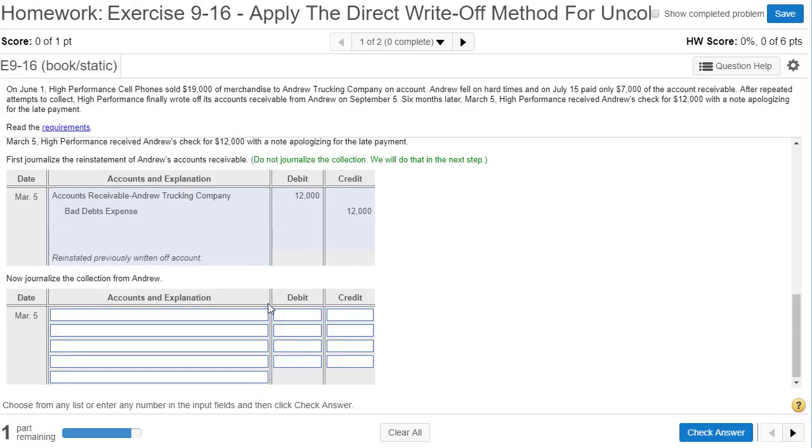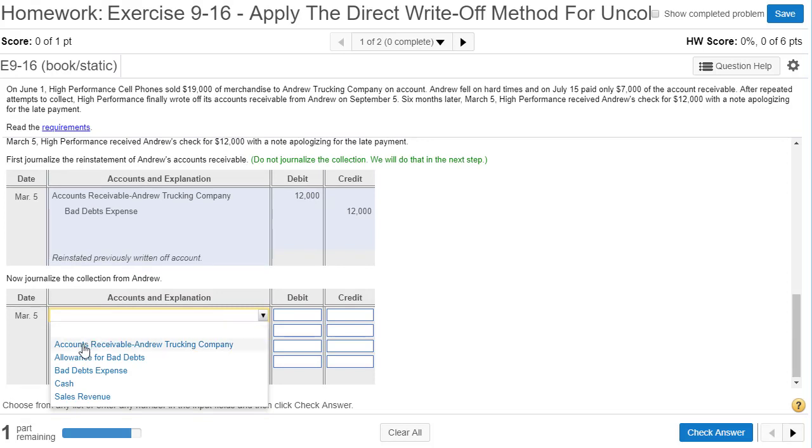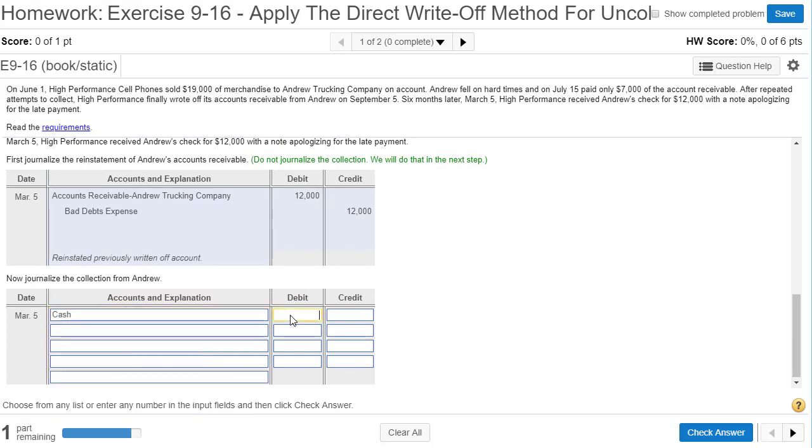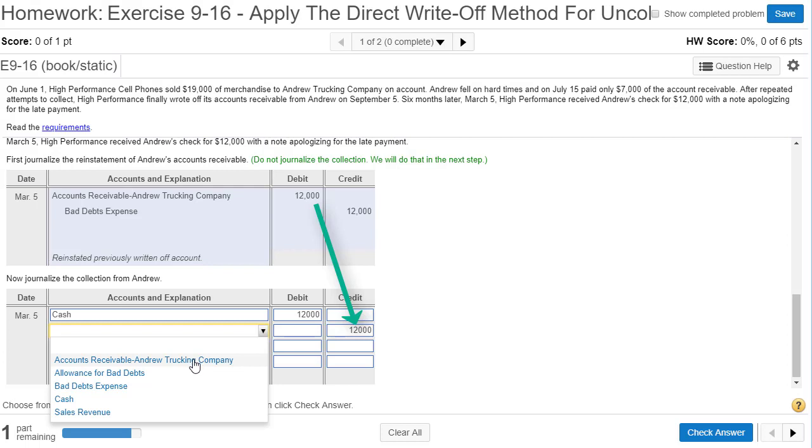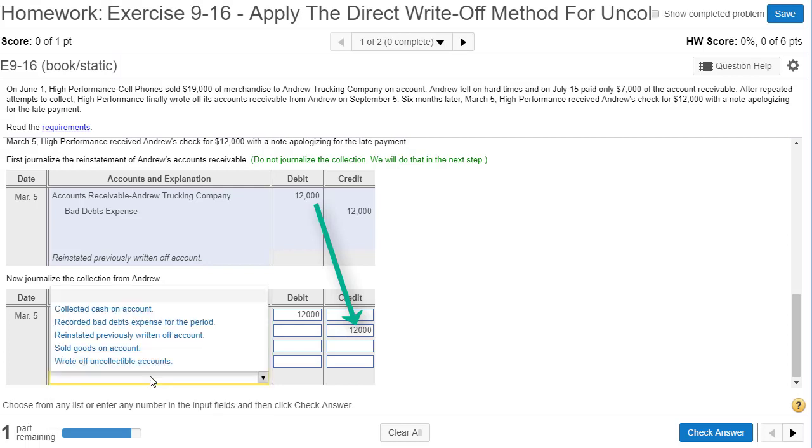And now we can record cash of $12,000. And then we remove that AR again. And this is called collecting cash on account.